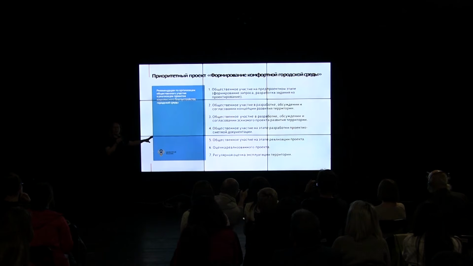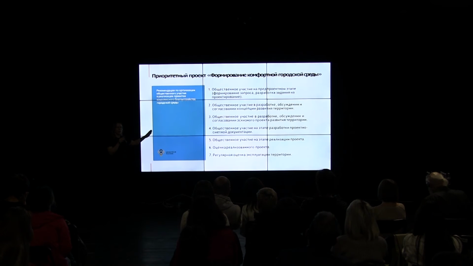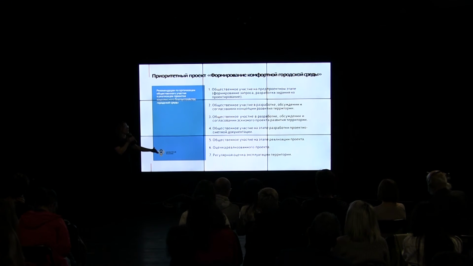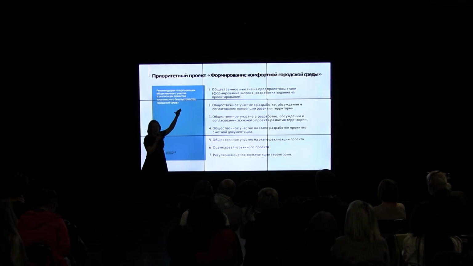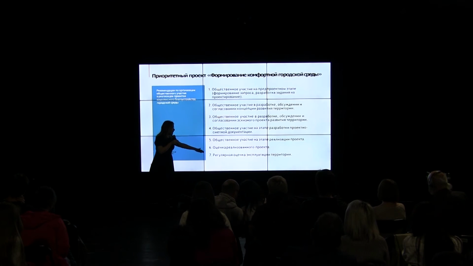And it was all articulated by the country's president. And we have a document which is controversial. It was drawn together with the government of the Russian Federation. This document is about interacting and involvement of citizens at different stages.